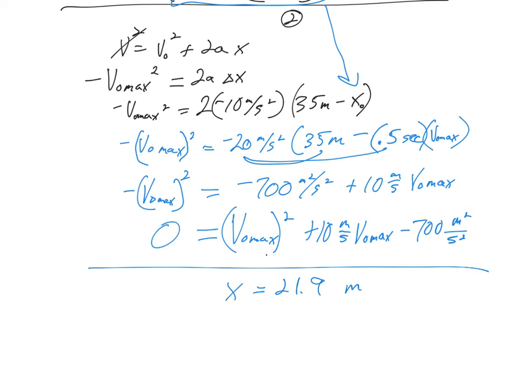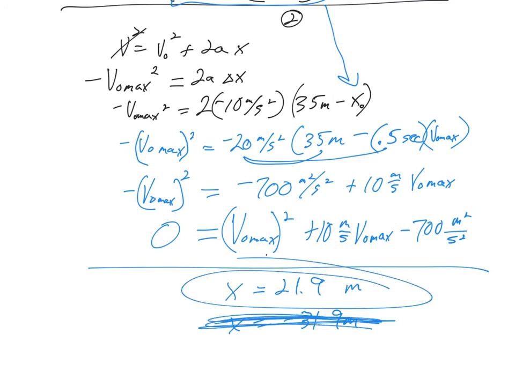And the other one was negative 31.9, which means I went backwards. And remember, there's always one that doesn't really make much sense. So my answer is 21.9. Longest problem in the history of the world for part 2. It's crazy.